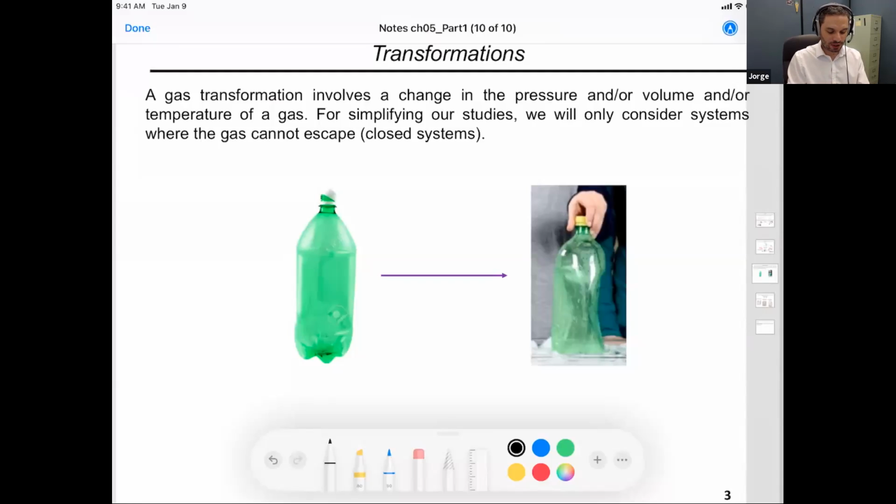We are changing one of the characteristics of the gas, in this case the temperature, and that will reflect in a change of the other characteristics here. If we are cooling down, the speed of the molecules is decreased. That means the pressure is going to change, and that will affect the volume in this case.